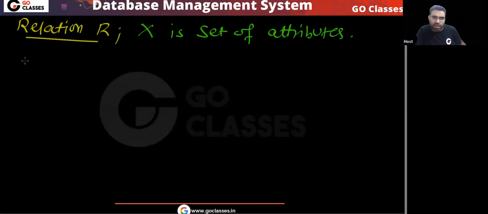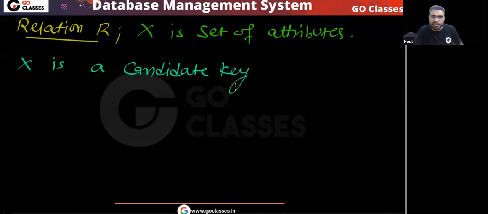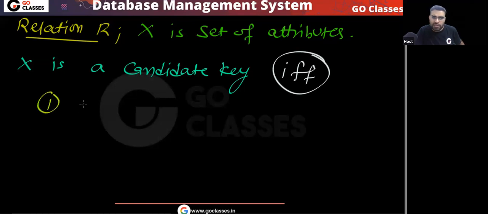What is the definition of candidate key? When can I say that x is a candidate key? X is a candidate key if and only if two things must happen. The first thing, that x plus must be R. The first thing means x can determine all the attributes. X should determine all the attributes.